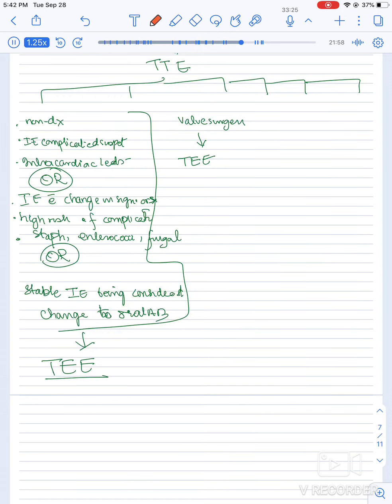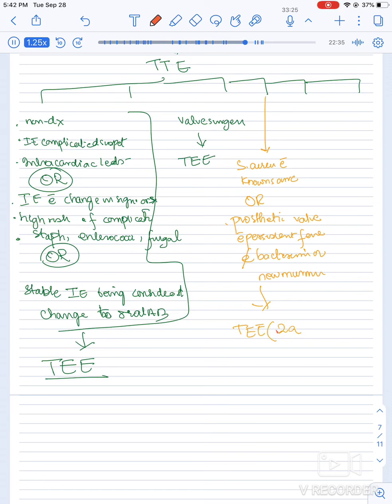Now, as far as the class 2 indications are concerned, if you have Staph aureus without a known source, or there is a prosthetic valve with persistent fever without bacteremia or new murmur, those patients we can consider TEE, but remember this is going to be the class 2A recommendations.